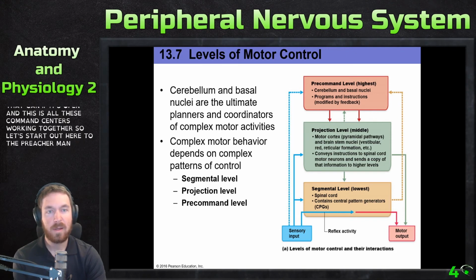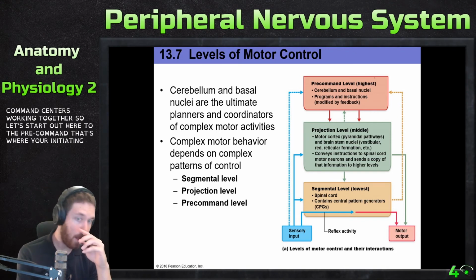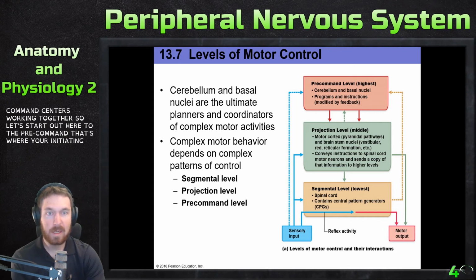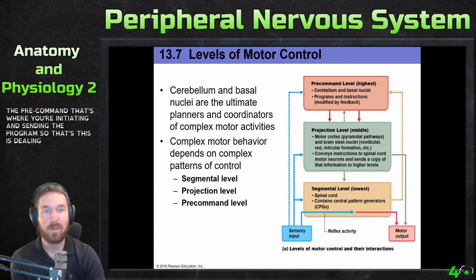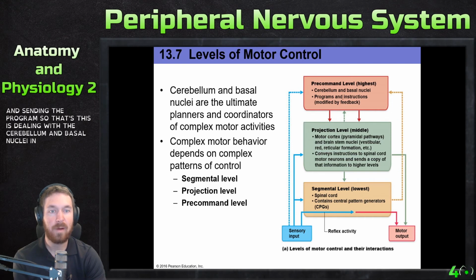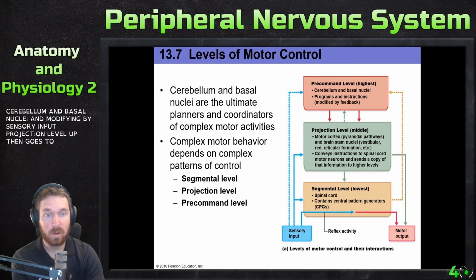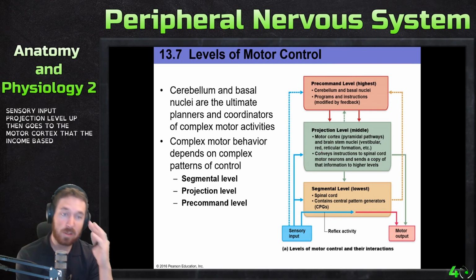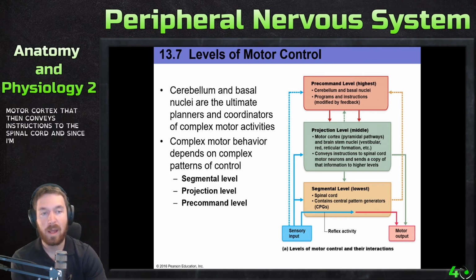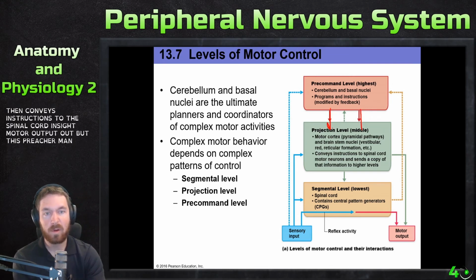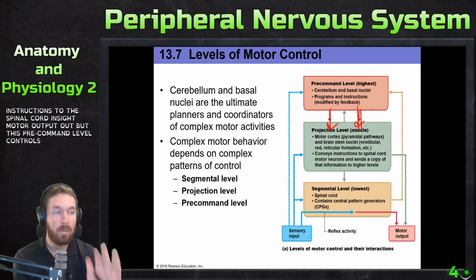So the pre-command level is where you're initiating and sending the program. This is dealing with the cerebellum and basal nuclei, modified by sensory input. The projection level then goes to the motor cortex, which conveys instructions to the spinal cord and sends that motor output out. But the pre-command level controls how powerful that signal is.